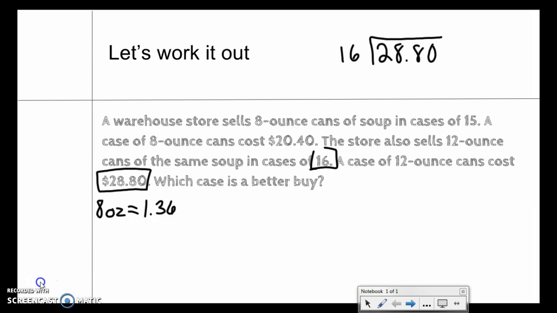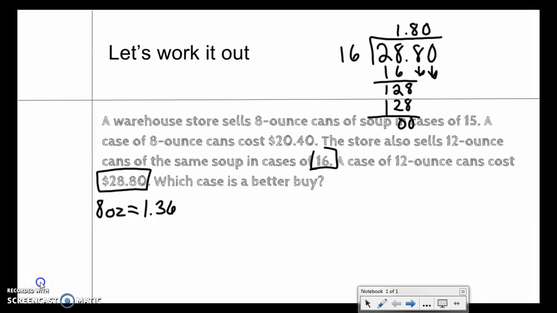Okay? 16 times 2 is 32, so it cannot go into 28 2 times, only once, which I hope you know is 16. Subtract to find the difference, which is 12. Bring down your 8. 16 can go into 128 8 times. Remember, don't forget your decimal. That is exactly 128. Remainder 0. Bring down your 0. 16 goes into 0, 0 times.